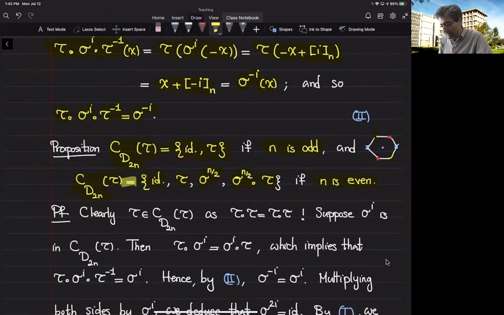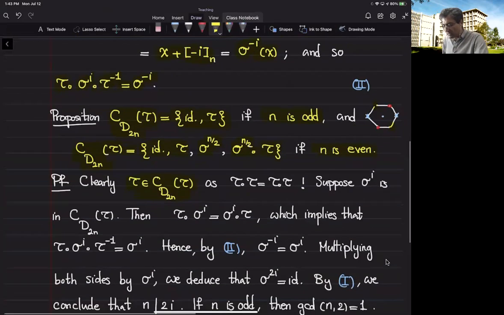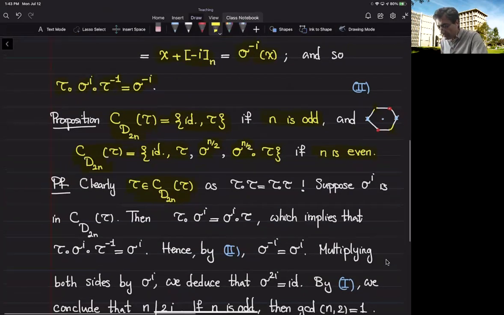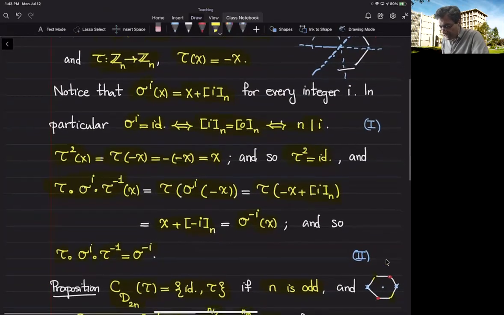Okay, let's see why this is the case. Let's start with the case that n is odd. But before that, let's point out that every element is in the centralizer of that element, and identity is also inside that. So definitely these 2 elements are in the centralizer. Now let's look at this equality that we have over here.